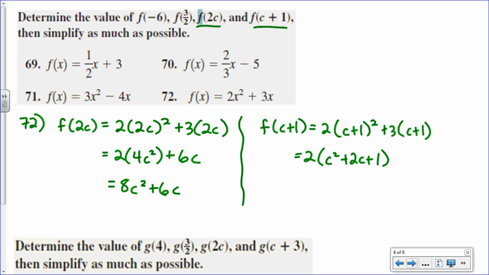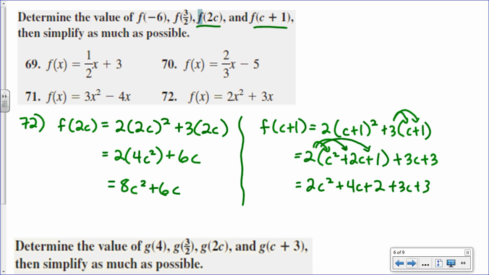I don't have an exponent outside of this c plus 1, so I can go ahead and distribute my 3. 3c plus 3. I have to distribute the 2 to get rid of the parentheses. And then combine your like terms.